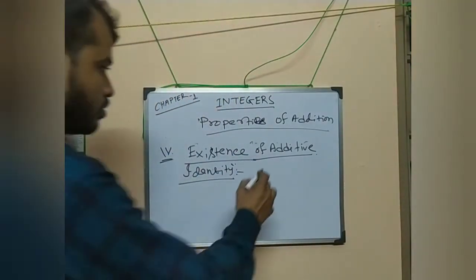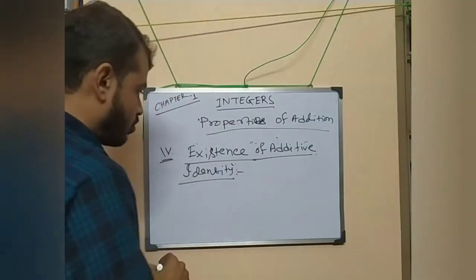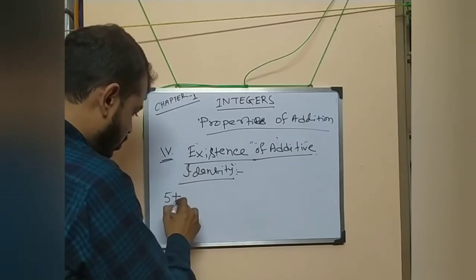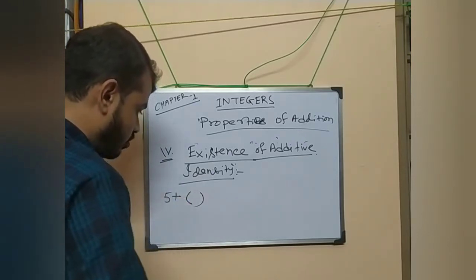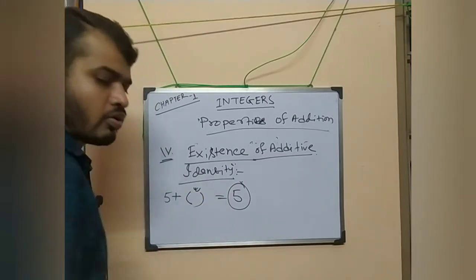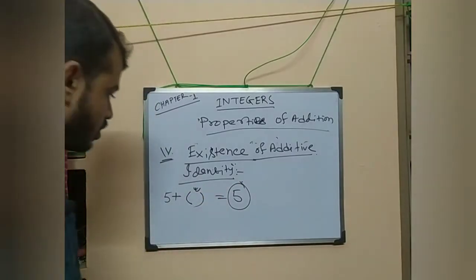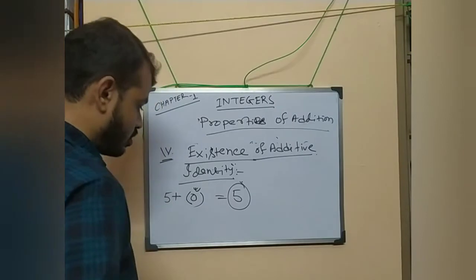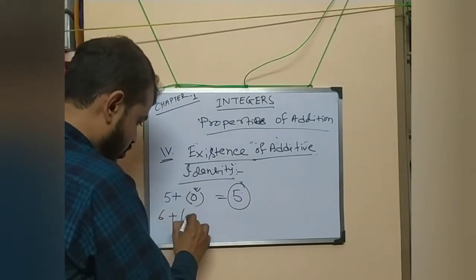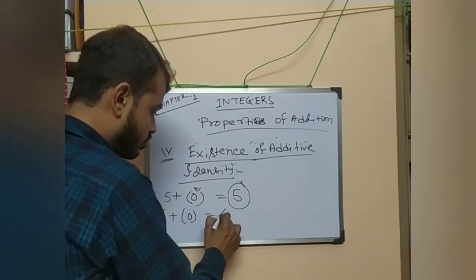In additive, if we take any number, 5, add any number, and if we get 5, then this number is called identity number. See here, if we add 0, then we have 5, here 6 plus 0, also you have 6.